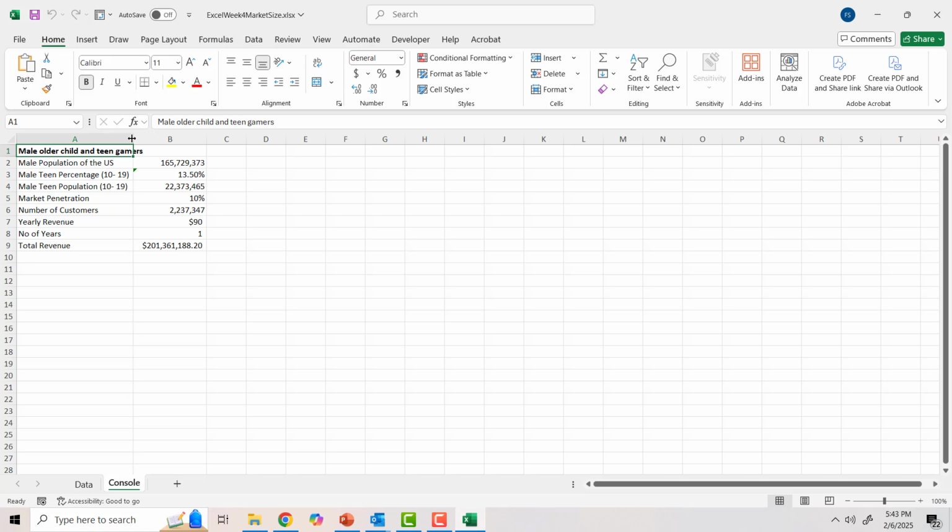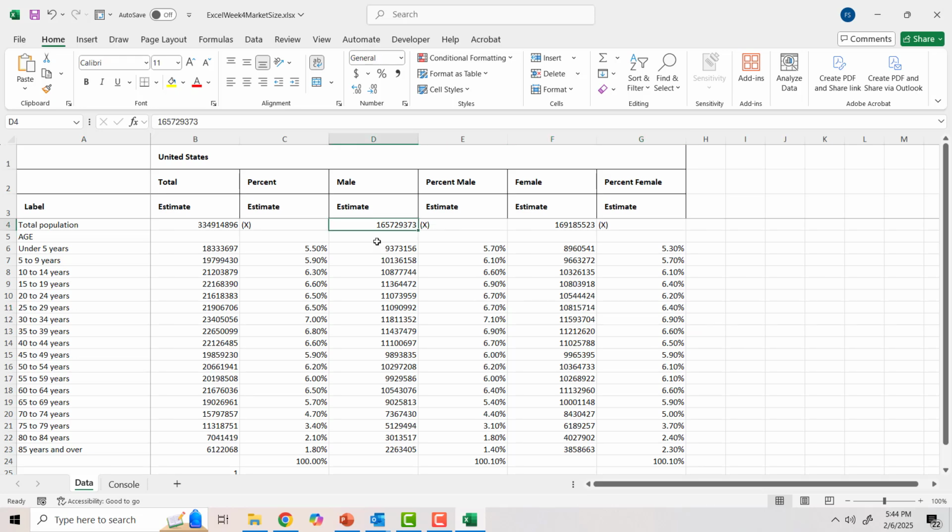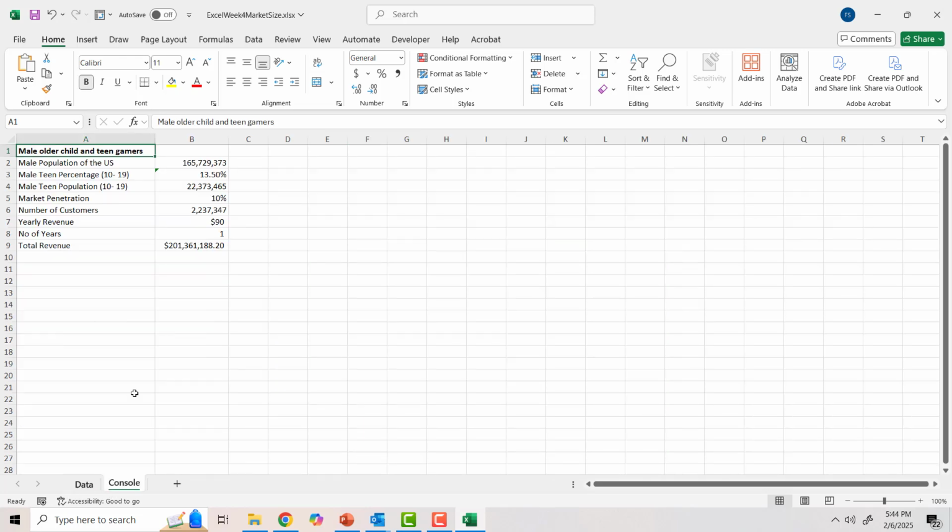So imagine that we want to work out, we're looking at this segment of middle and high school male gamers who play with their friends online. It's a valuable segment. We're just going to focus on male gamers. So we've got this estimate of the male population here, which is about half the overall population.